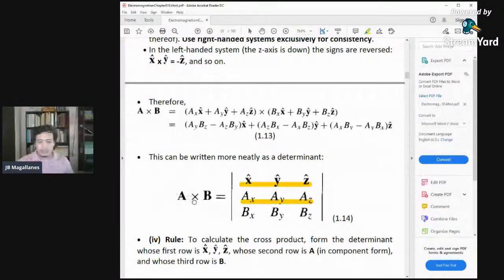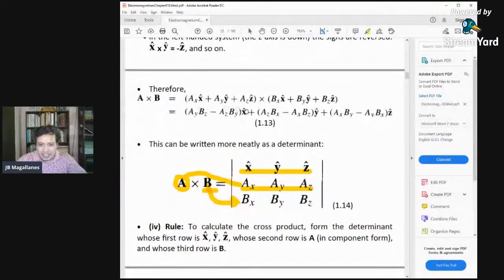If this is B cross A, then B should be here. But this is A cross B, so you have to write A here, and then your B here. So it depends on the order of the vectors you're crossing. So this is Bx, By, and Bz.